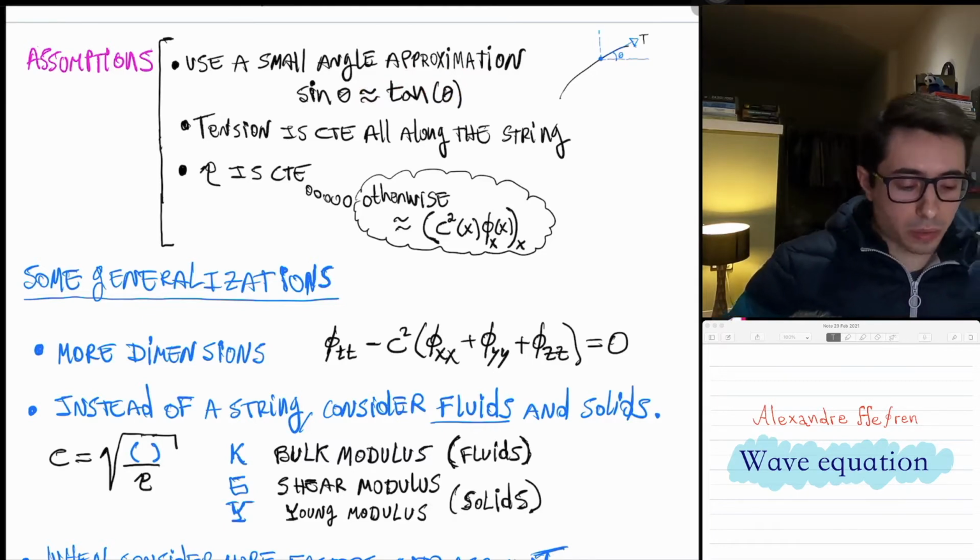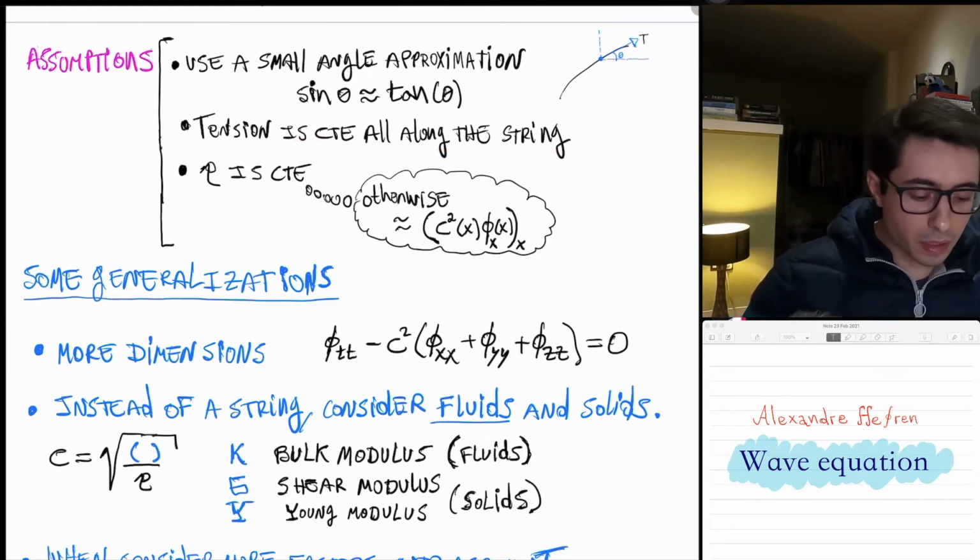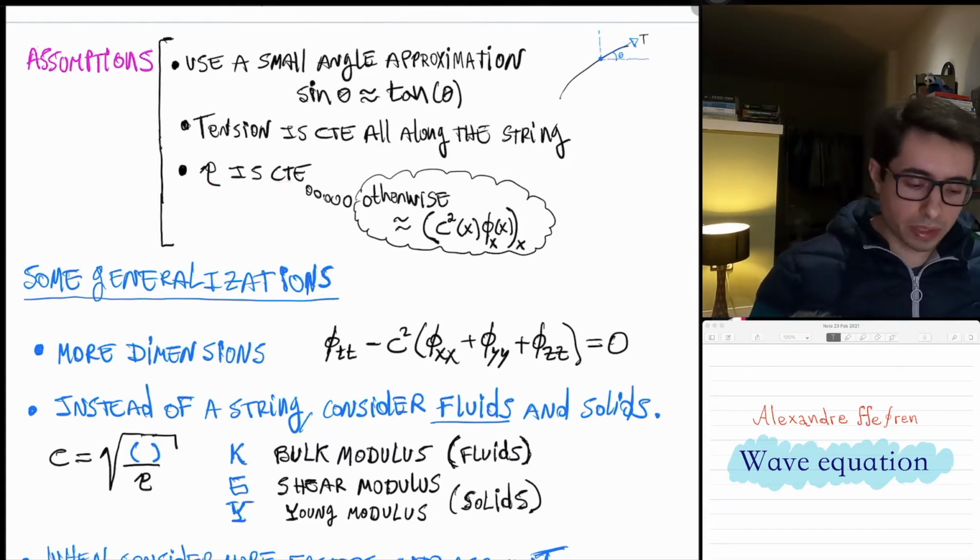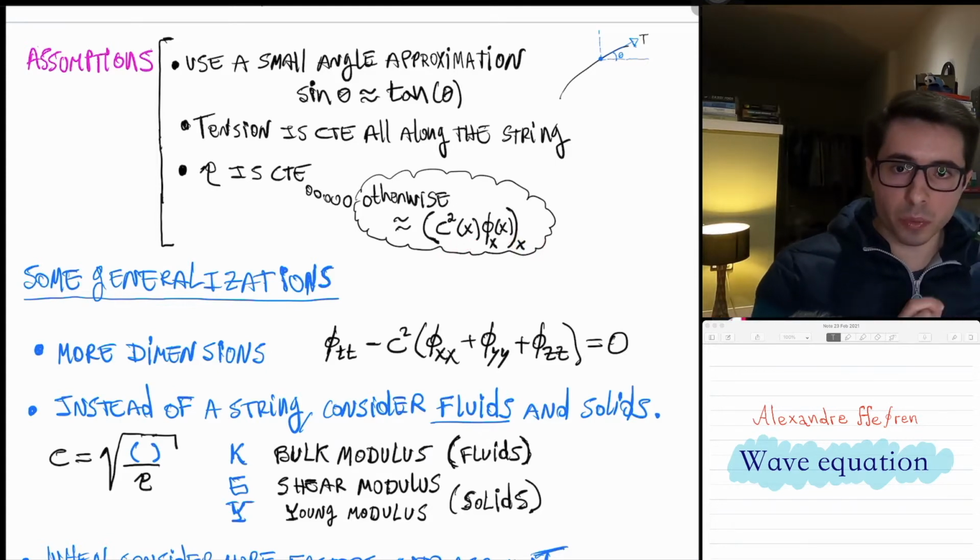And also, sometimes it's not said, but it's implied that the tension is constant along the whole string as well. And also the c should be constant, because if c is not constant, in the case of our string, we would have a term like a derivative with respect to x involving the velocity itself, because the velocity would change from point to point.